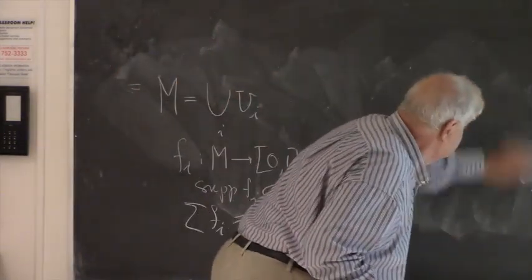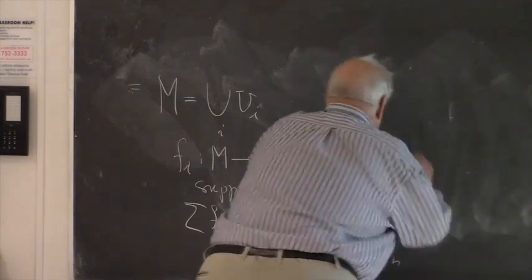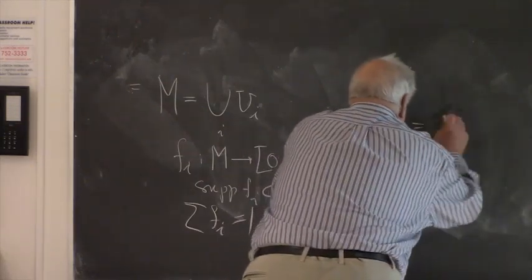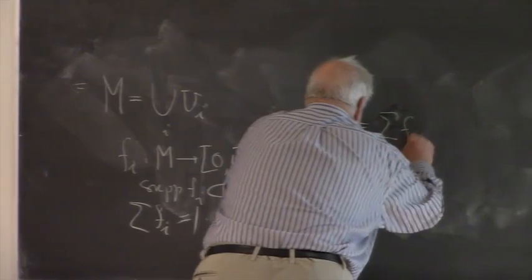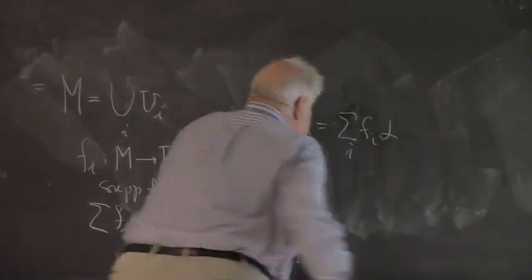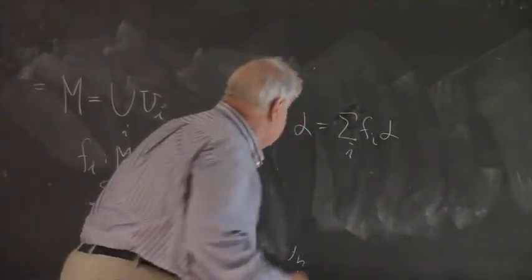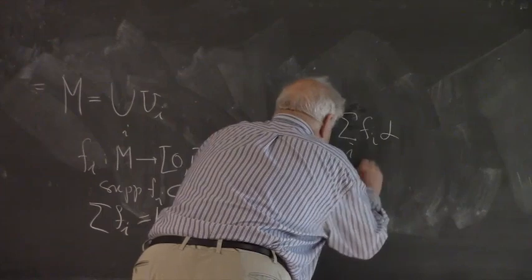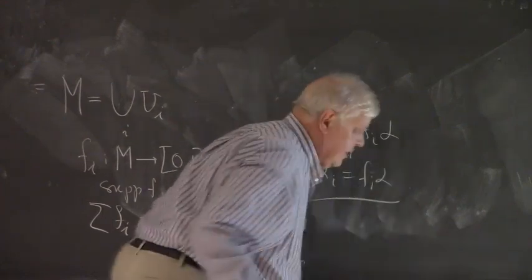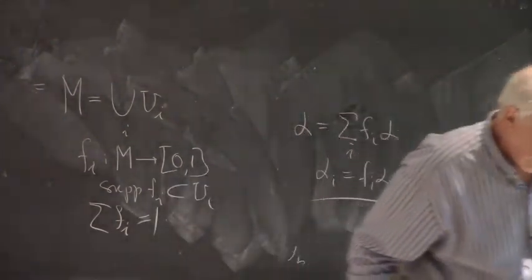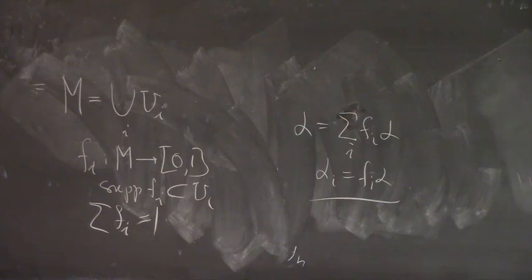After which I say alpha is this sum, right? This form alpha_i. It is 0 in the complement of U_i, right?